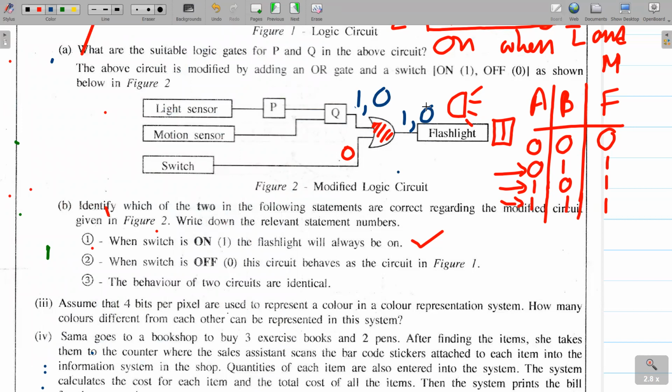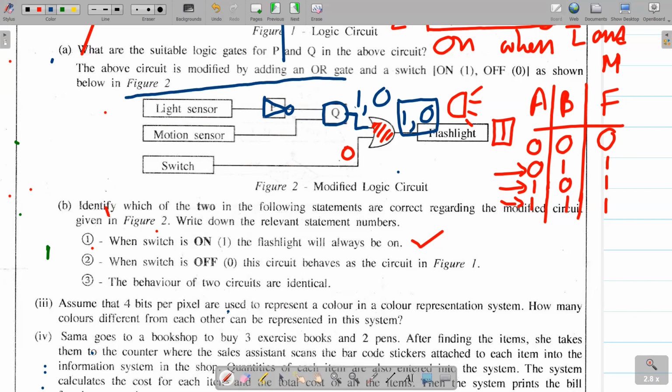Right? That means according to the output of this line, now we know this has a NOT gate, this has an AND gate. So according to the output of the AND gate, the output will be controlled, right?